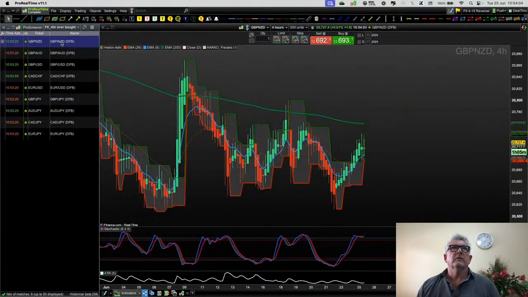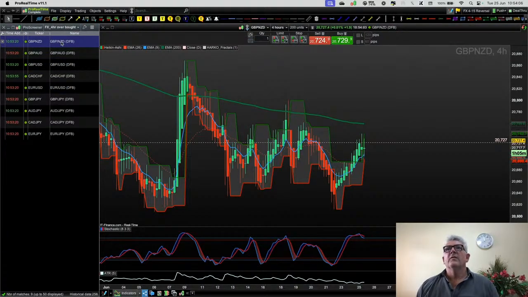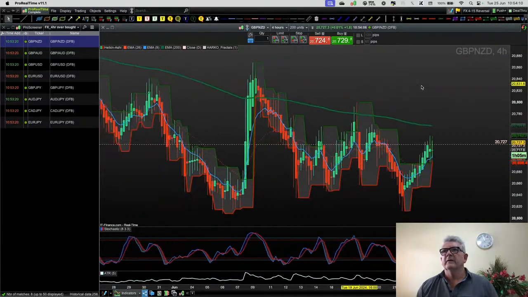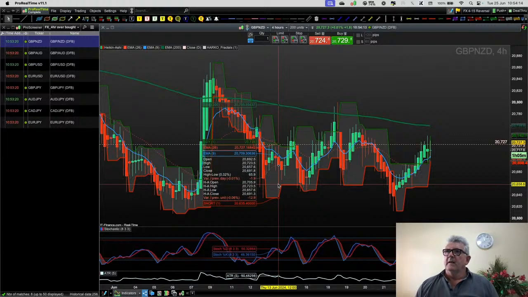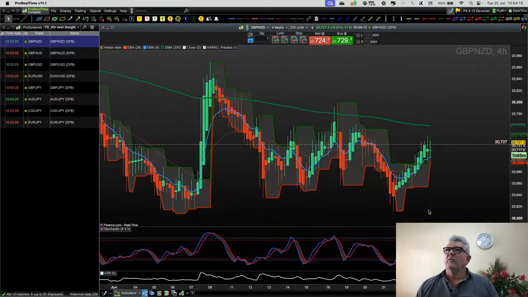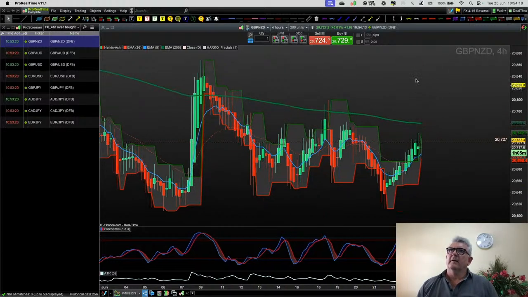Let's just see if we can find one. So this is something, a nice little perfect storm trade. If this is in any trading plan, pound Kiwi, you can see here we're completely overbought into a negative market.